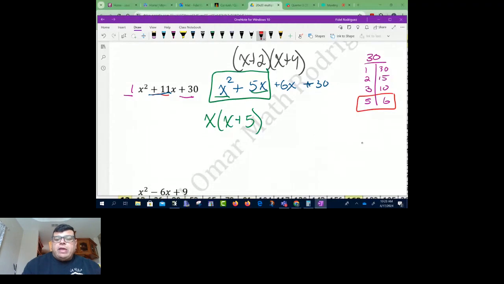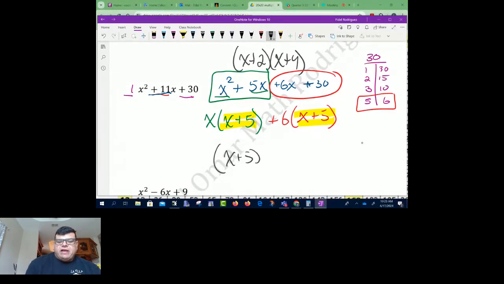And if I say, okay, between 6 and 30, what can I take out? We can actually take out a 6, okay? And we got an x plus 5. And again, that piece there and that piece there match up, so we know we did this right. So look, y'all, we got an x plus 5 in the front, and then we have an x plus 6, boom, at the end, okay?